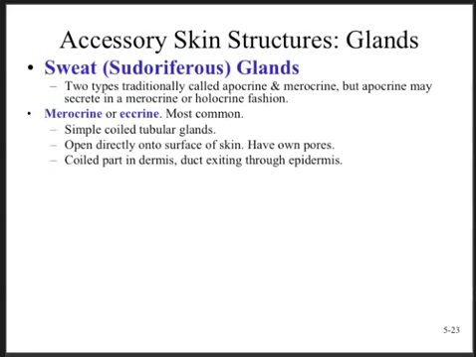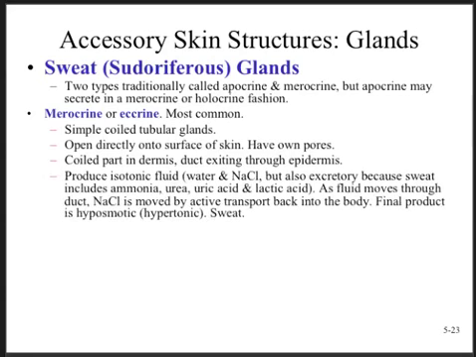Their coiled portion lies in the dermis, and the duct extends through the epidermis, and they produce an isotonic fluid that's mostly water. It also contains electrolytes such as sodium chloride and ammonia and urea, as well as uric acid and lactate. As it moves through the duct, the sodium chloride is moved by active transport back into the body, and the final product is hypoosmotic, and that's what we consider to be sweat.